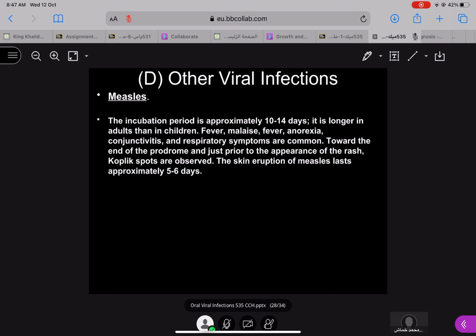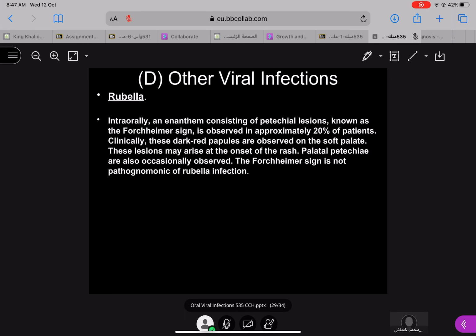Koplik spots are observed on skin. Eruption of measles lasts approximately 5 to 6 days, and it can also be observed intraorally.